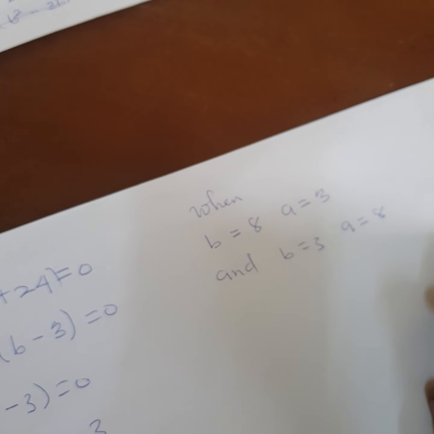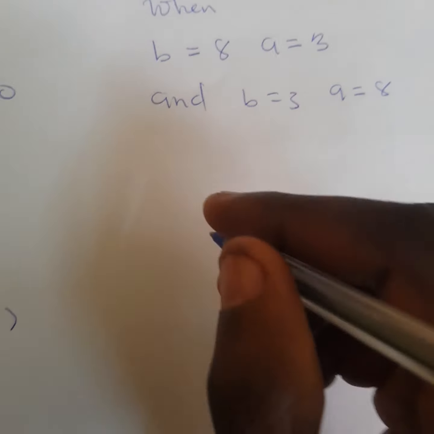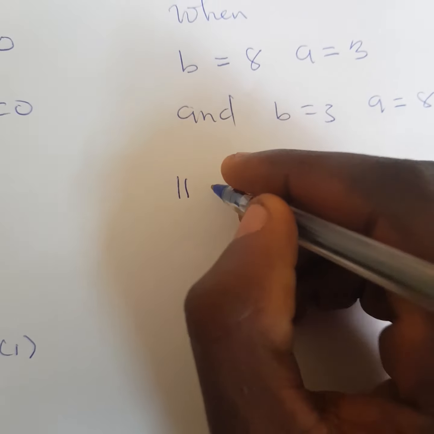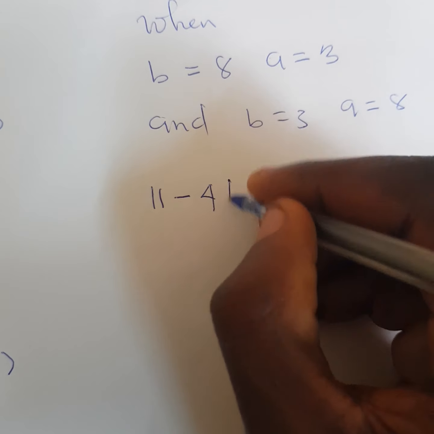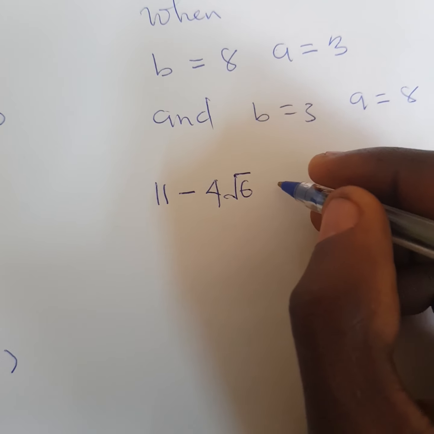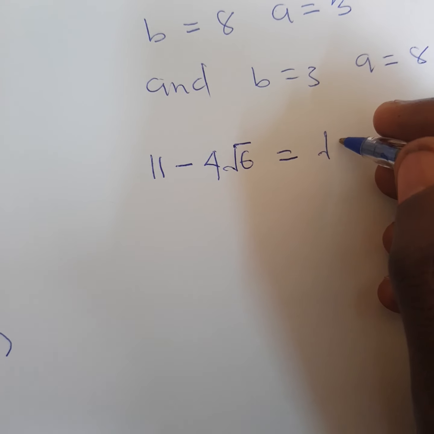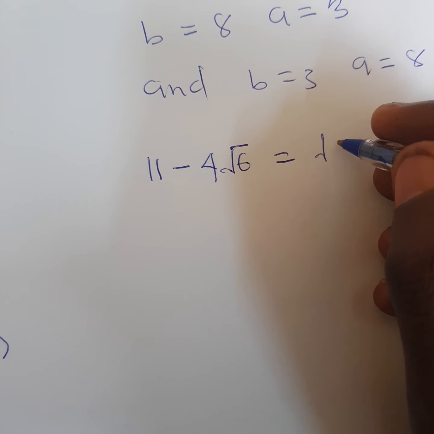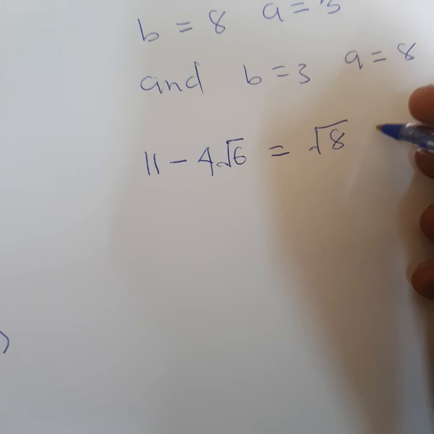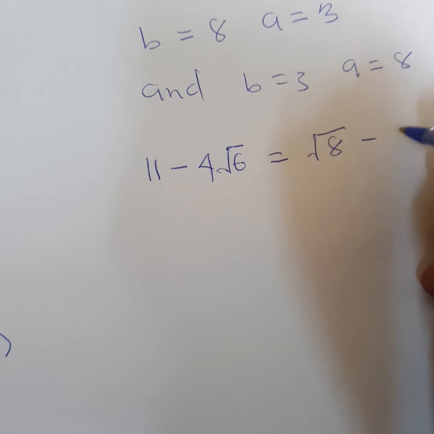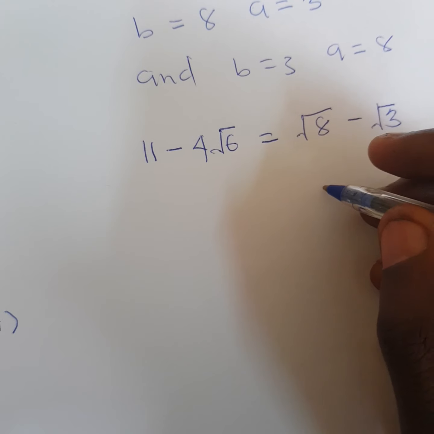So we now want to know that 11 minus 4 root 6 is the same as root of A, let's pick A to be 8, minus B, which is 3.